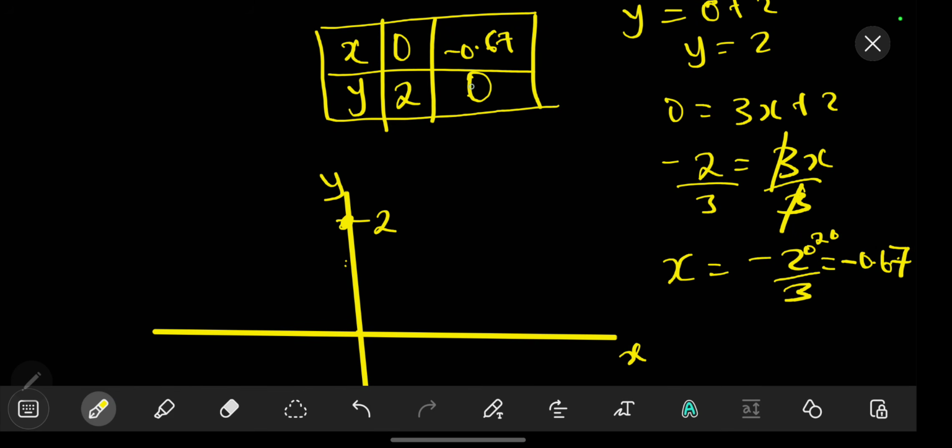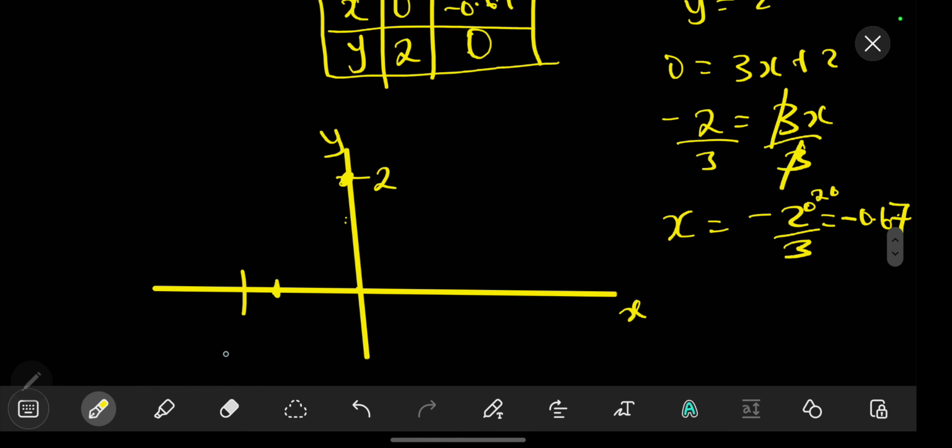Then the other thing is that where y is equal to 0, it's along the x-axis. So let's say this is my 1, so 0.67 is somewhere here. Now when I connect these 2 points, just those 2 points are enough, I'm going to have an equation that will look like that.